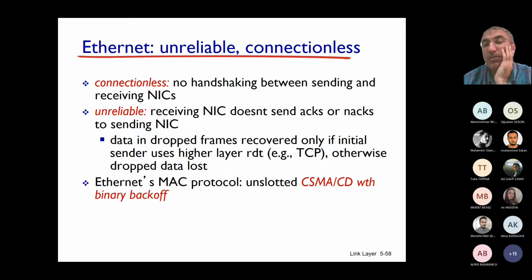Ethernet is a connectionless, unreliable protocol. Connectionless means there's no handshaking between sending and receiving NICs. It's unreliable because we don't send any kind of ACKs or NACKs; we don't provide any feedback.